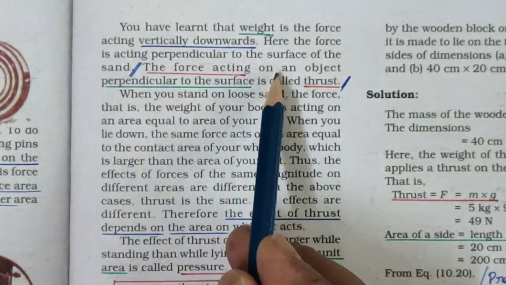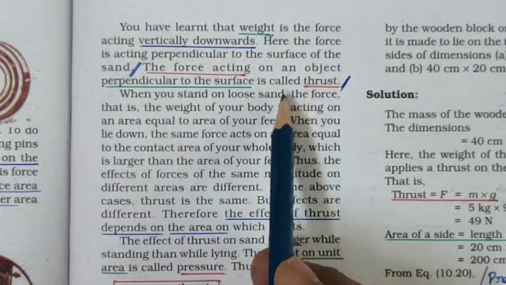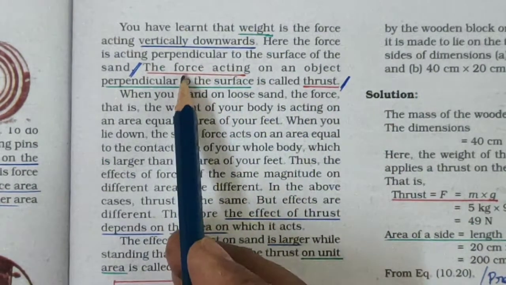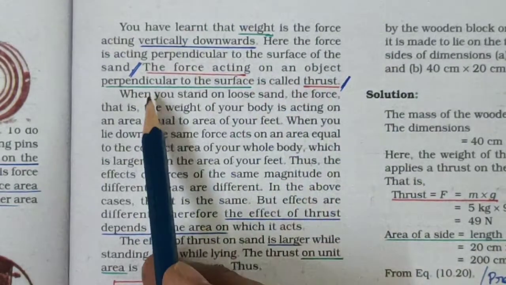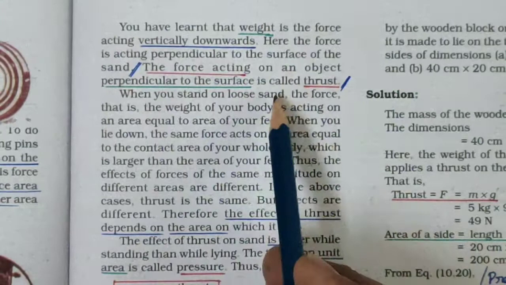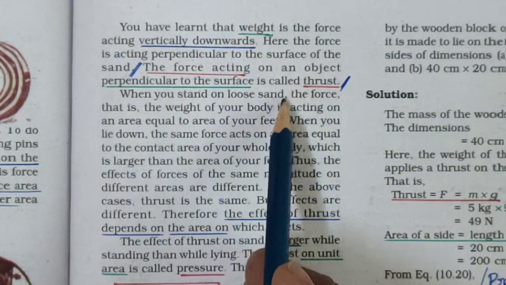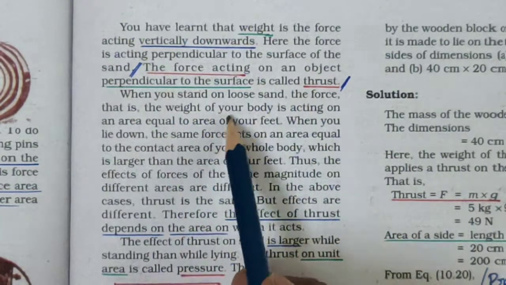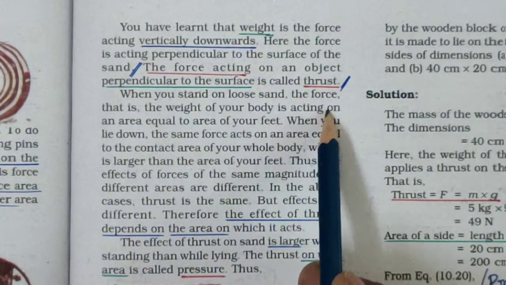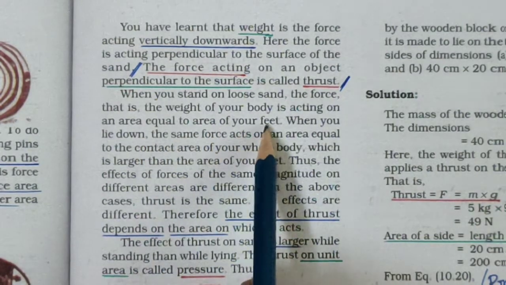The force acting on an object perpendicular to the surface is called thrust. When you stand on the loose sand, the force, that is the weight of your body, is acting on an area equal to the area of your feet.